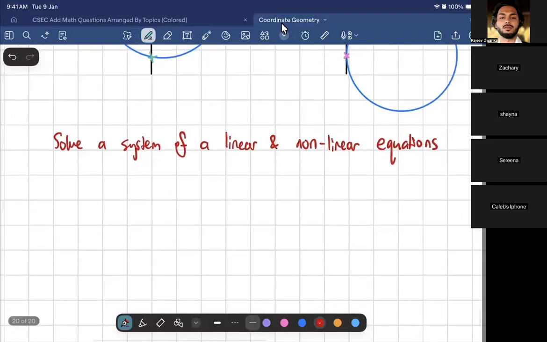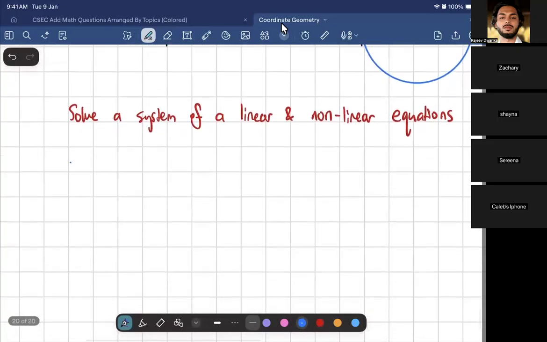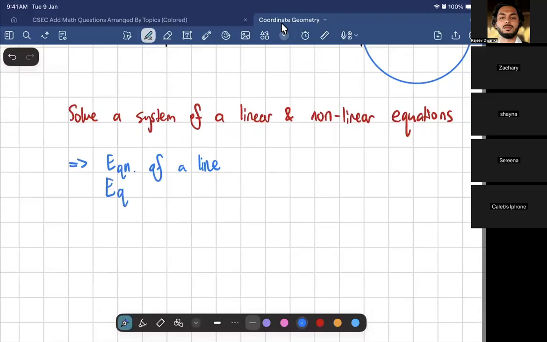So what do I mean by this? Imagine you have the equation of a line, and imagine you have the equation of a circle. So you need to know this. Guys, remind me, what's the equation of a line? Y equals mx plus c.